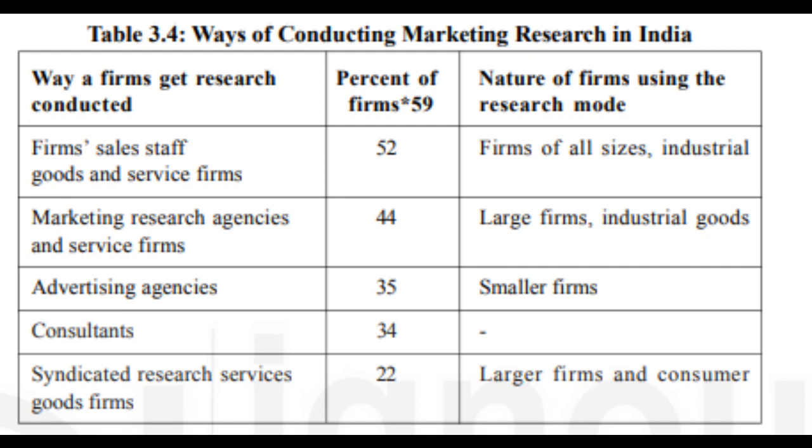While customized research entails collection of data as per the specific needs of a single client, syndicated research is undertaken by a research agency to meet the common information needs of a group of firms. Table 3.4: Ways of conducting marketing research in India. Since the firms use more than one channel, the percentage figures will not add up to 100.